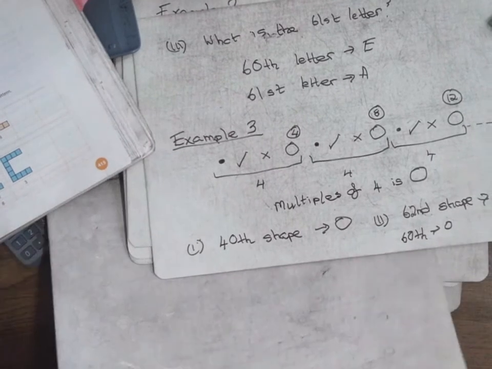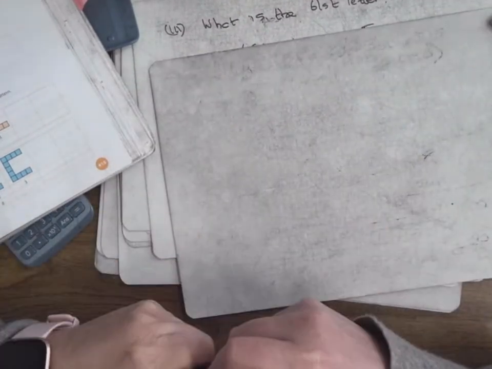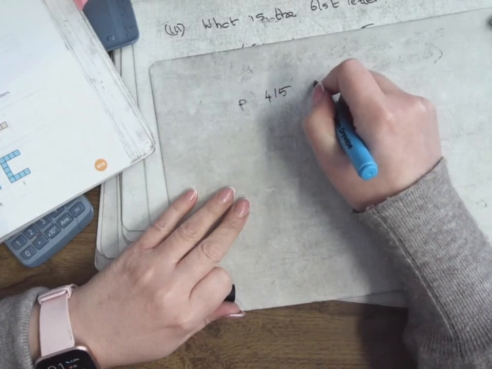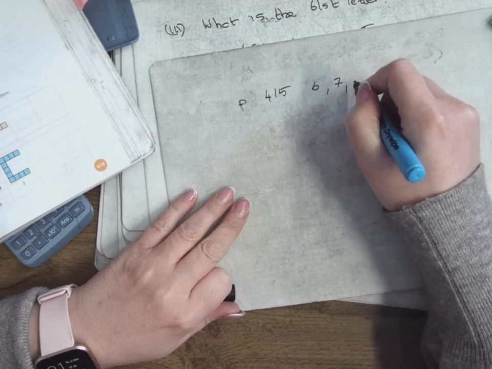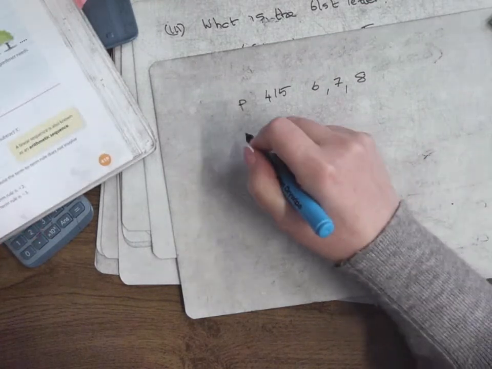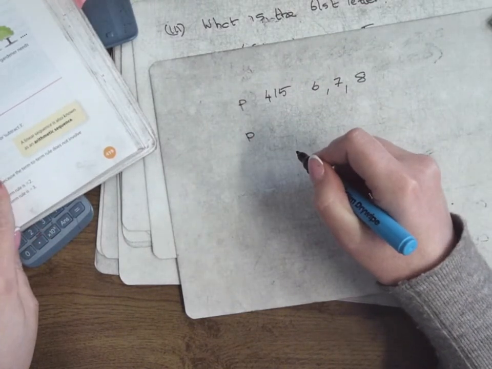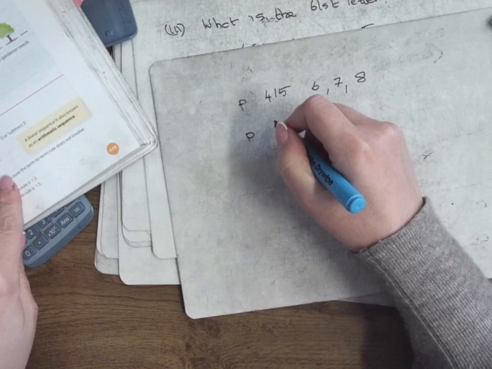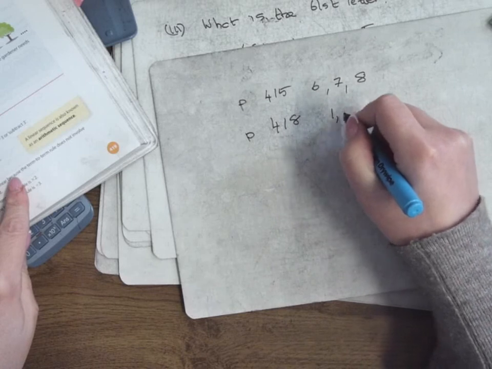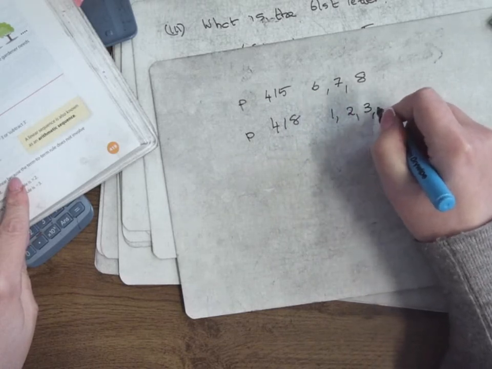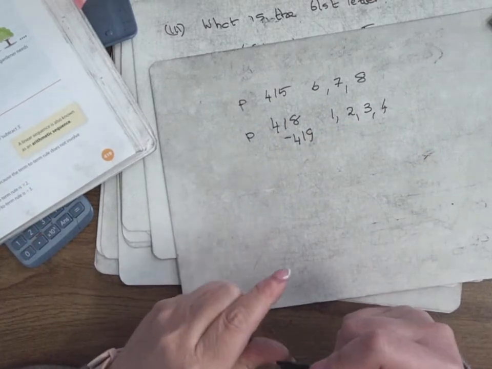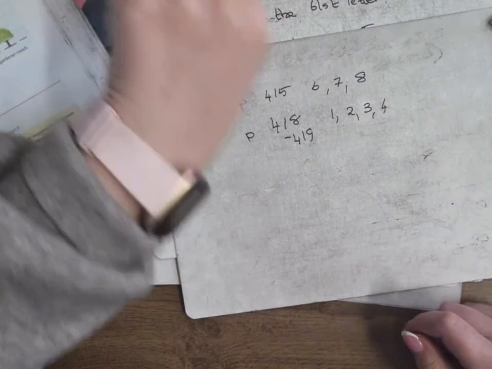Okay, so we'll do page 415, 6, 7 and 8, and we'll do page 418, let's do 1, 2, 3 and 4, and that actually goes on to 419. Is that okay? Yeah. So I will put up those for you right now.